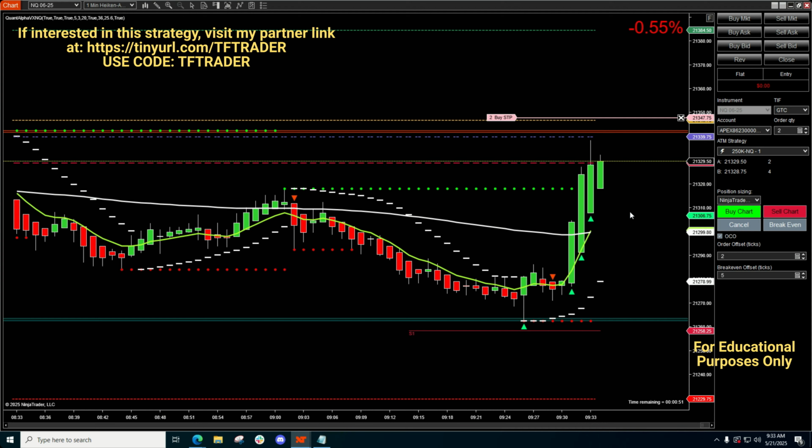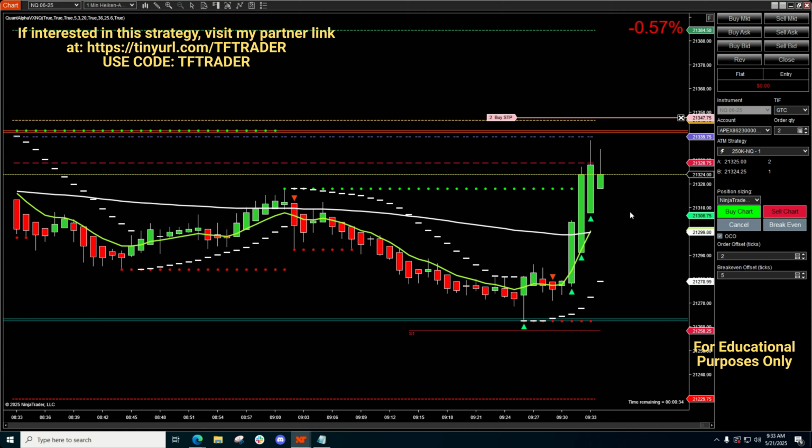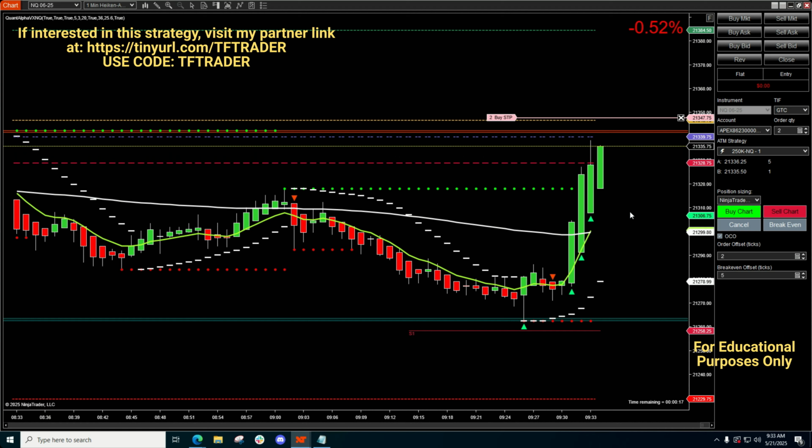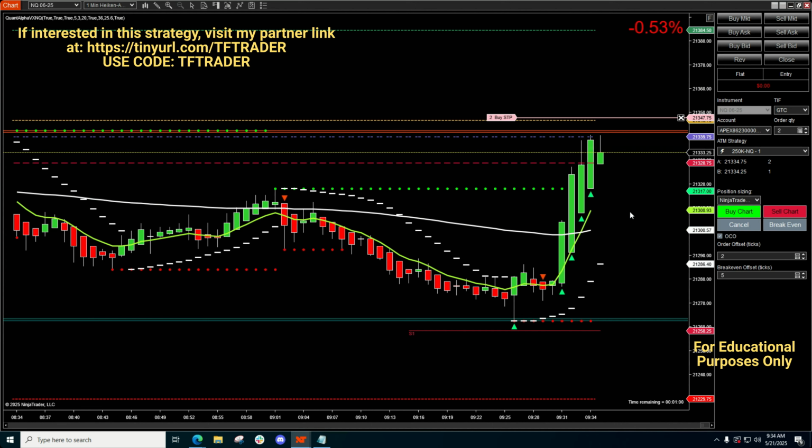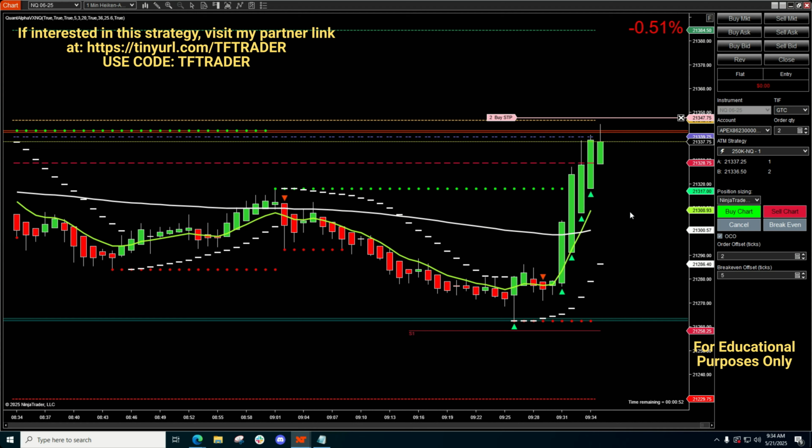So again, we're looking for an S3. Again, some more high volume. So we'll see if we could take the break of this resistance here.